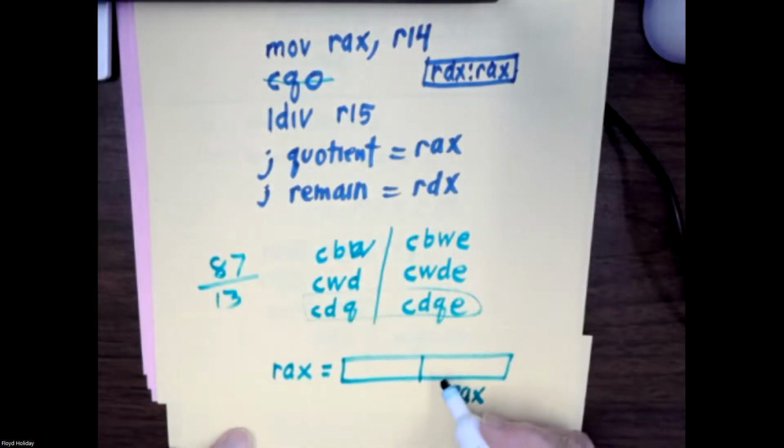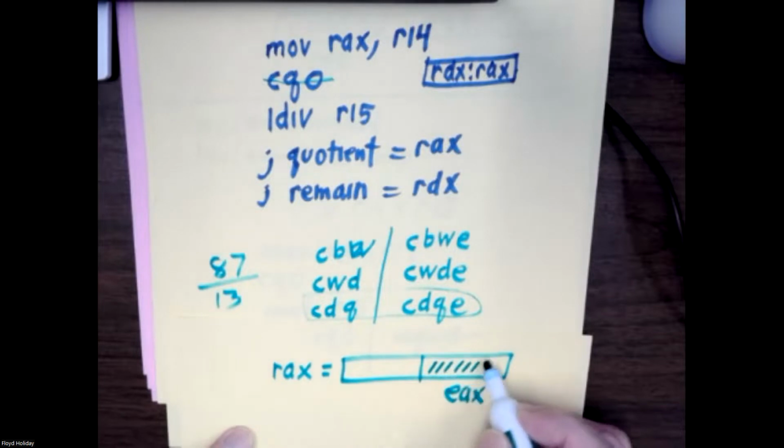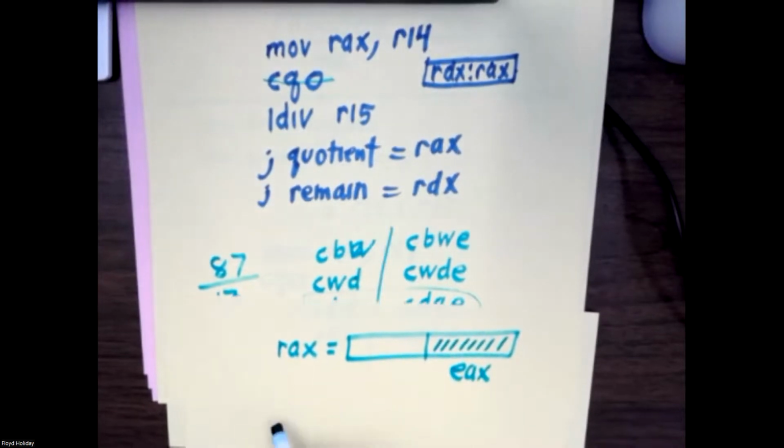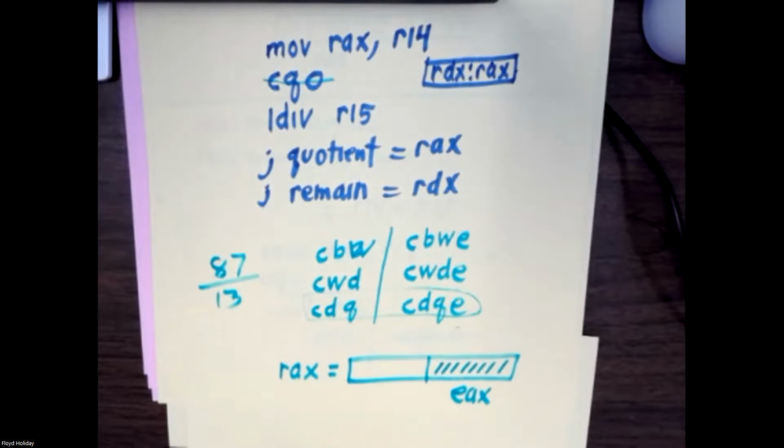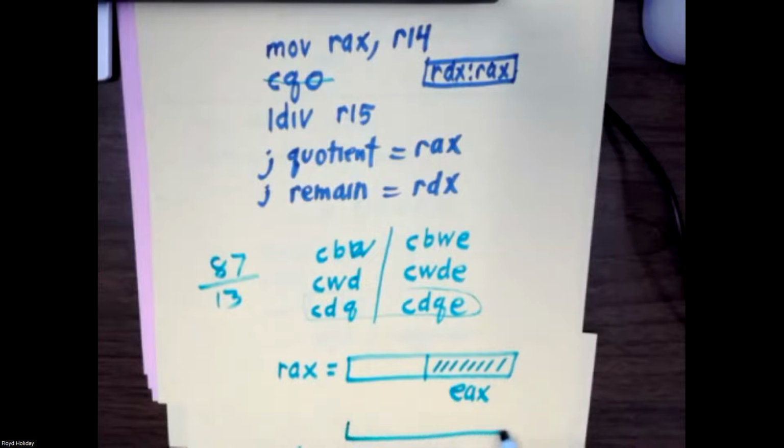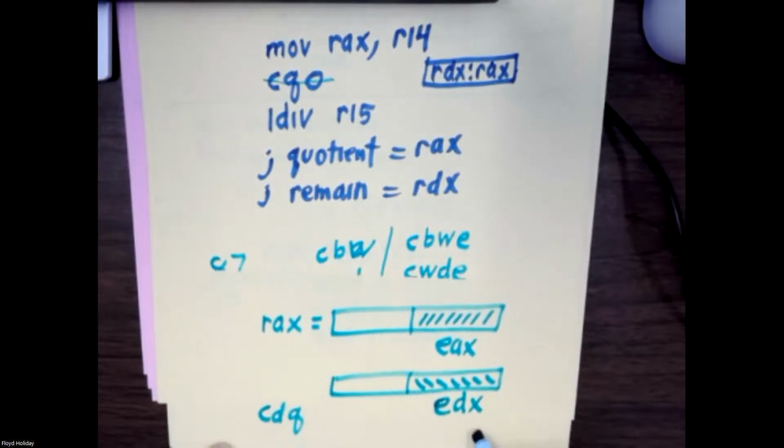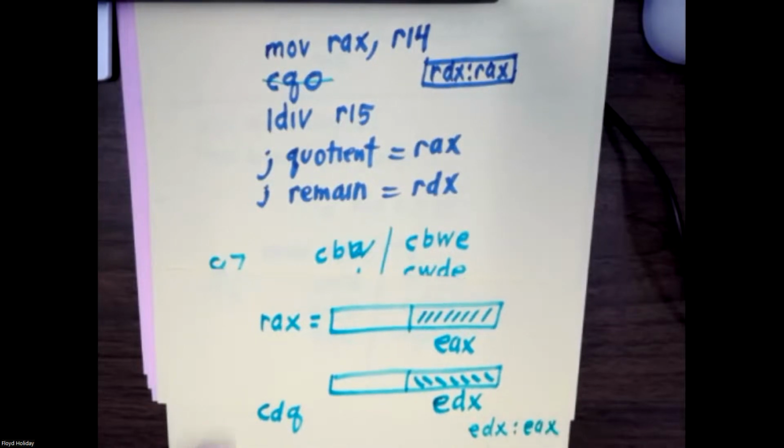But the assumption is we have a number right here. If you use the command CDQ, what it does is it expands this number, but the expansion goes down here in EDX. Okay, there's the pair, EDX paired with EAX.